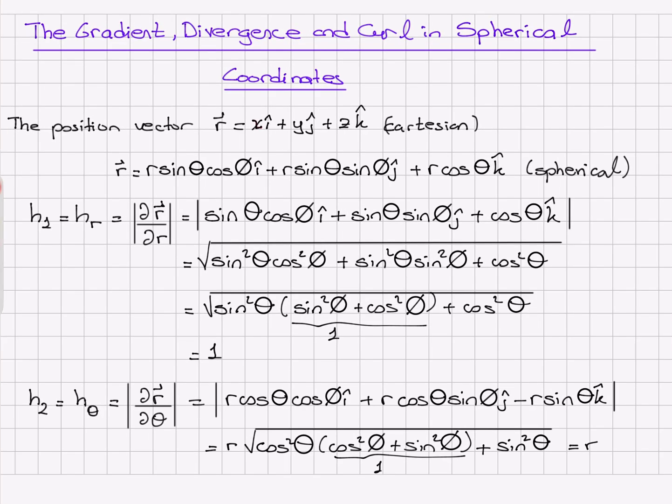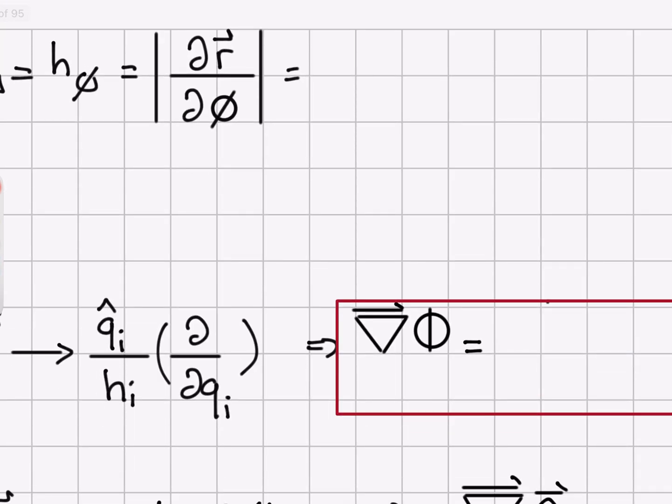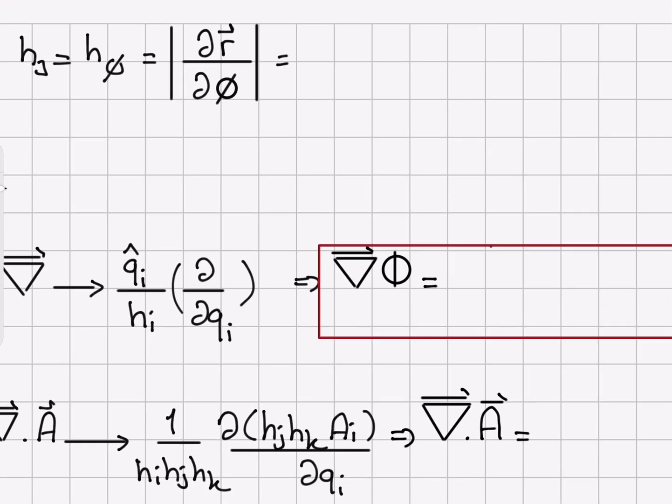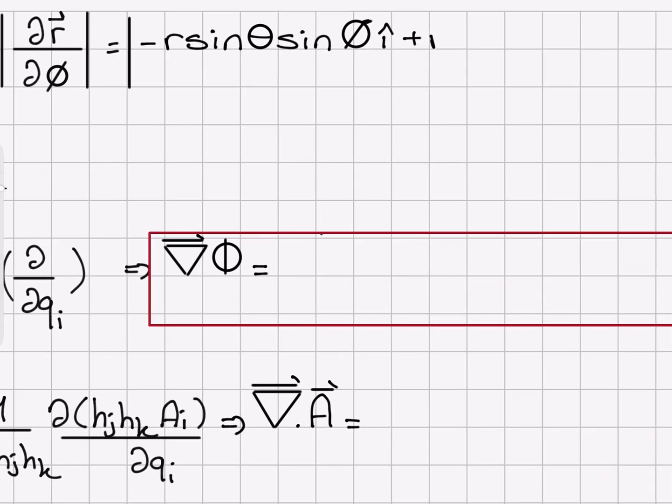For the third scale factor, h phi, I have to take a derivative with respect to phi. That won't affect this one, there's no phi here. It will affect this one: minus r sine theta sine phi, and plus r sine theta cosine phi will be the derivative. So here I have the magnitude of minus r sine theta sine phi in i hat direction, and plus r sine theta cosine phi in j hat direction.